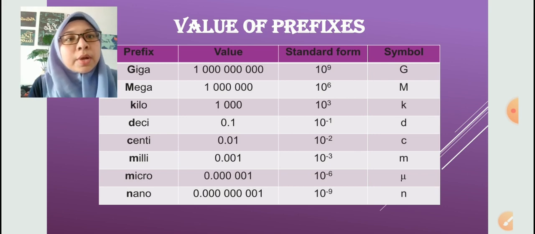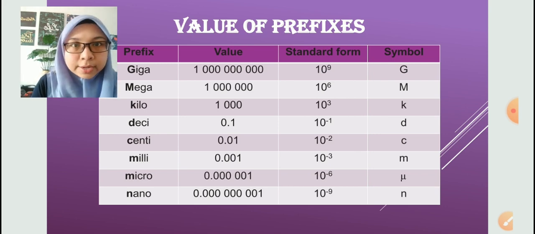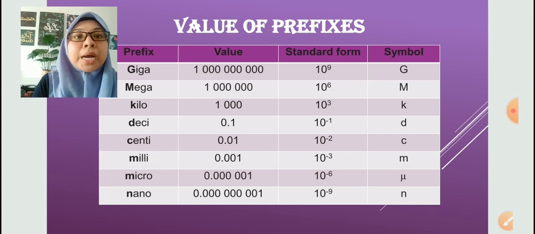If you refer to the screen that I showed you, the symbol for giga is capital G, capital M for mega, small k, small d, c, m for milli, micro, and nano. Micro has a specific symbol. We cannot use small m for micro because small m represents milli.